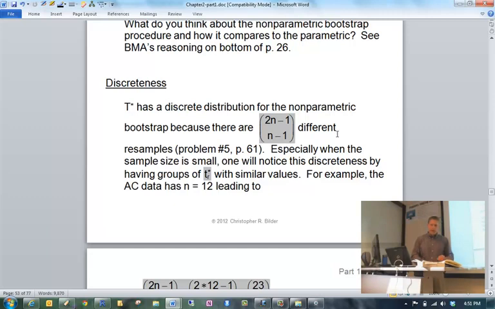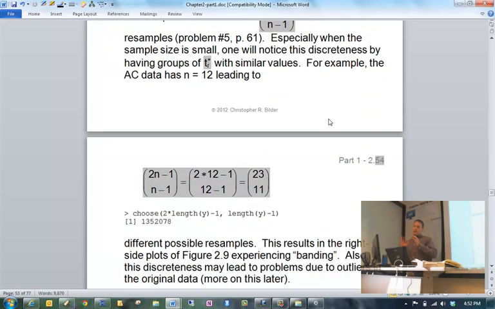Okay. Lastly, in this particular section, we need to talk about discreteness that occurs when you are using a non-parametric bootstrap. There are a finite number of possible resamples, as you know, and this can lead to discreteness that you see in plots.